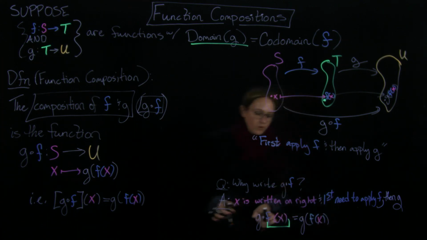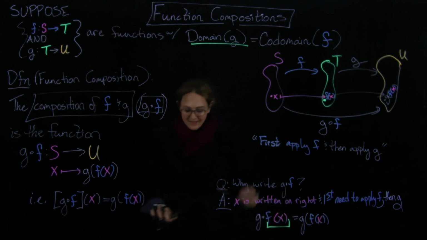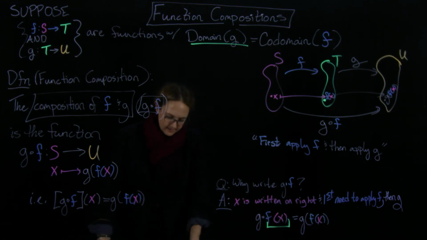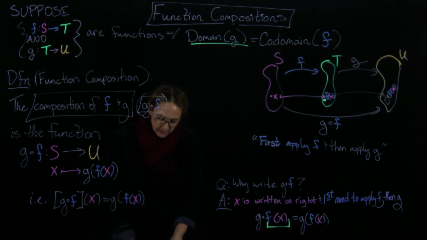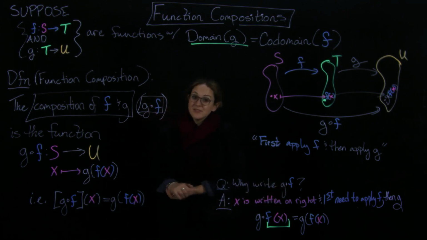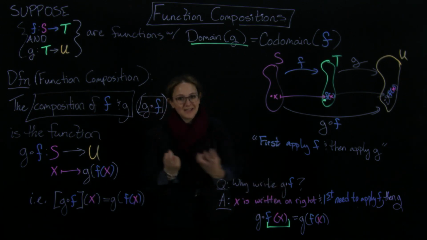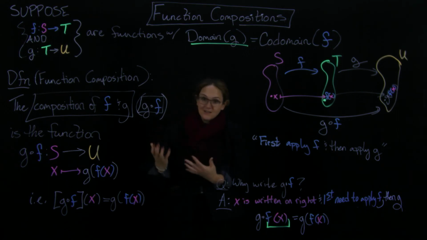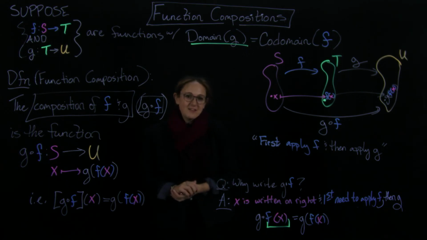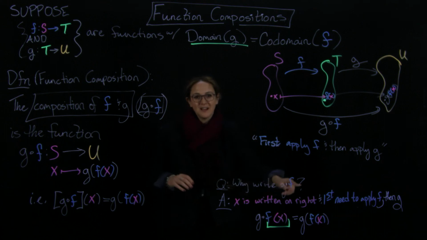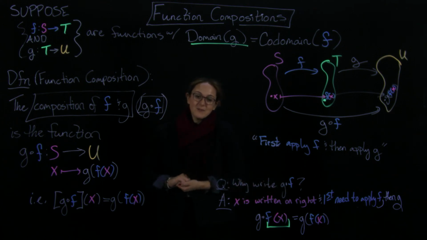The order here matches up with that. I don't know if this is historically why it's done this way, but in practicality it works better, at least for me, and I think it makes it easier to remember which order you want to write them in. Okay, so I hope that made some sense, and I will see you in the next lecture.